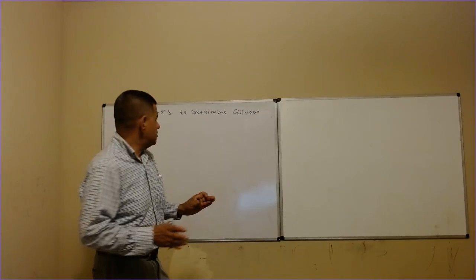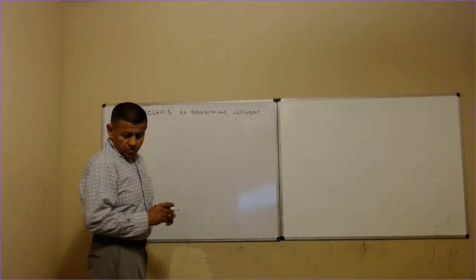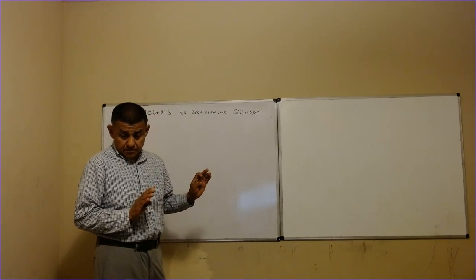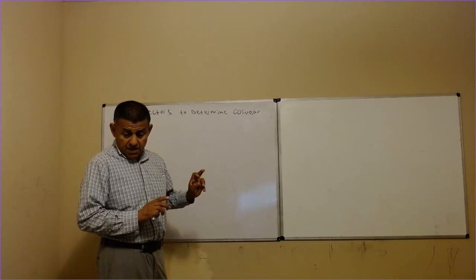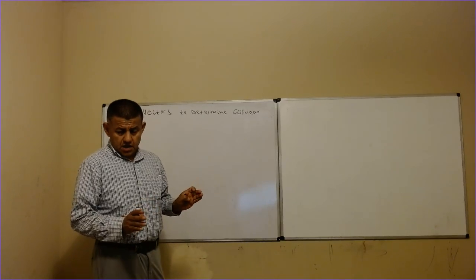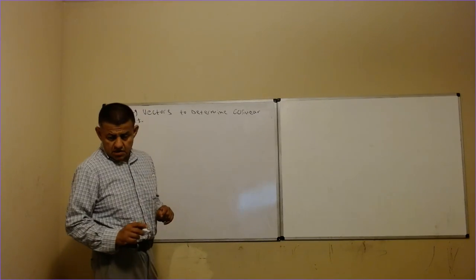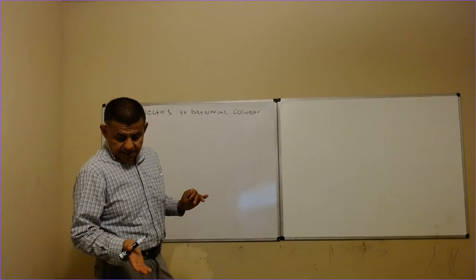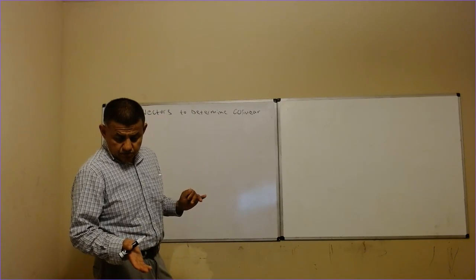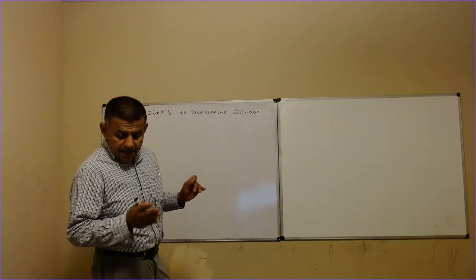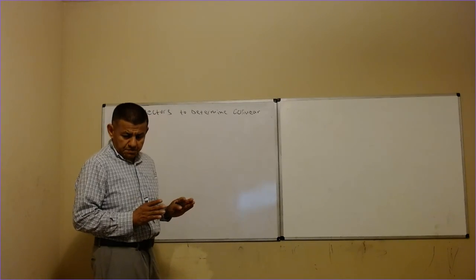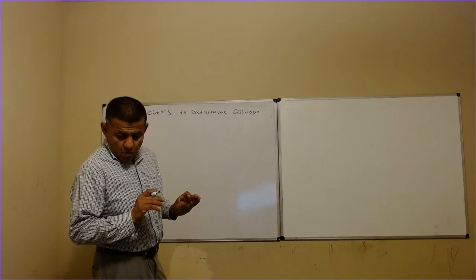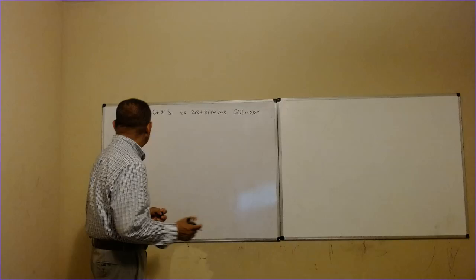So we have 3 points, P, Q, and R, and points P, Q, and R are basically in a 3-dimensional space. Now, to do that, we need to obviously write the points, right?